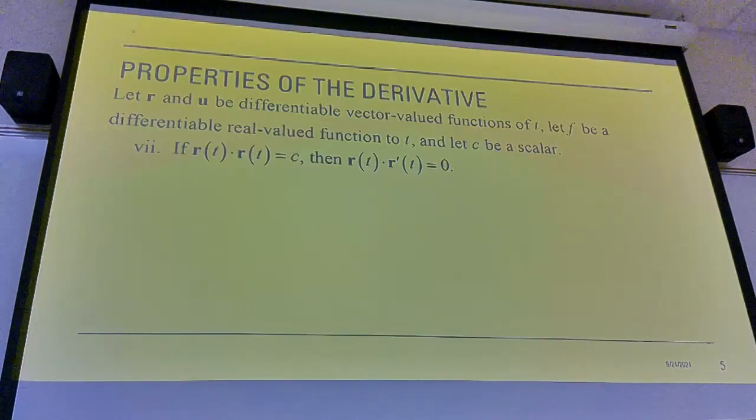Which means if the magnitude of R is constant, then it is perpendicular to its derivative. Because remember, U dot U is the magnitude of U squared, right? So if R dot R is C, then the magnitude of R is the square root of C, which is a constant.